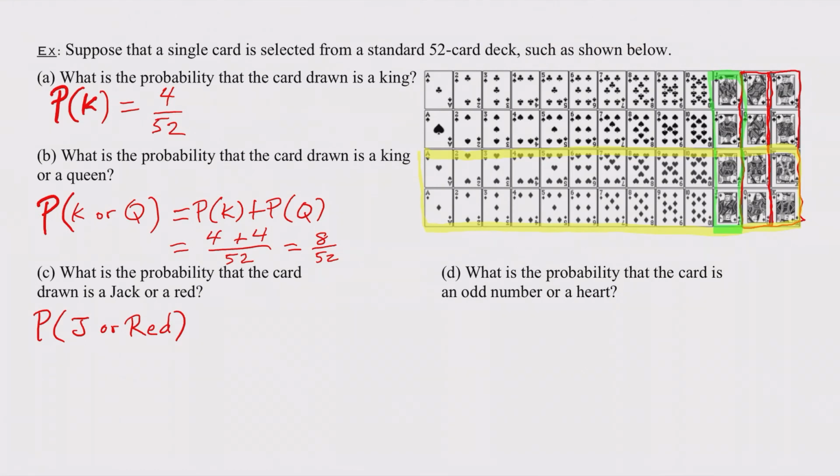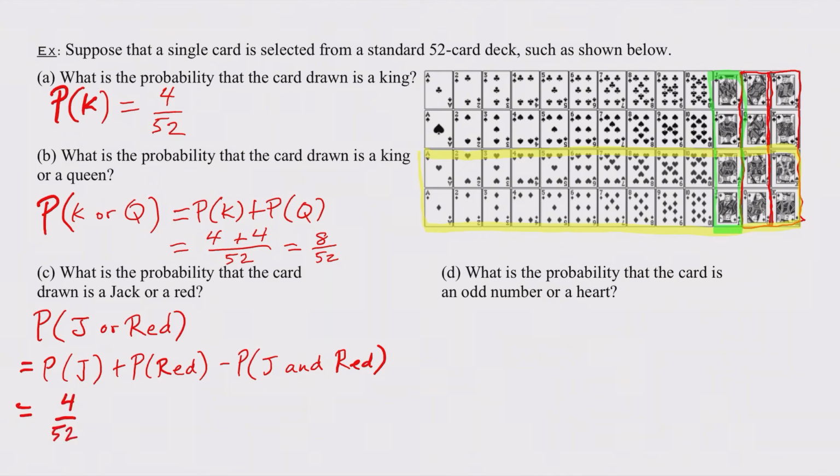Half the cards are red, so that'll be 26 red cards in the deck. And then we have these 2 cards, the jack of hearts and the jack of diamonds, that are both red and a jack. So we'll minus 2 over 52. And that leaves us, in this case, with 28 over 52.